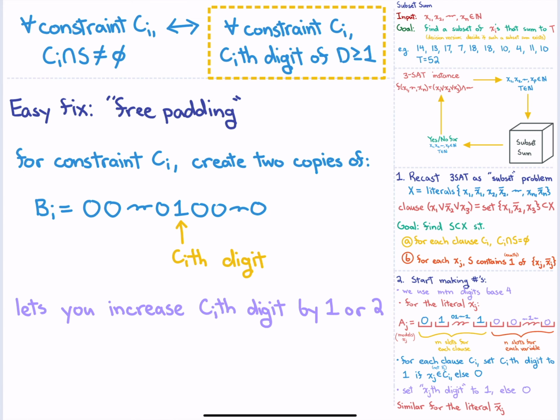This way you can raise a 1 to a 3 or a 2 to a 3, but a 0 can only get up to 2. So we'll introduce 2 of these copies for every constraint, and that little buffer lets you say that 1, 2, or 3 is okay, because they can all be fixed into a 3.